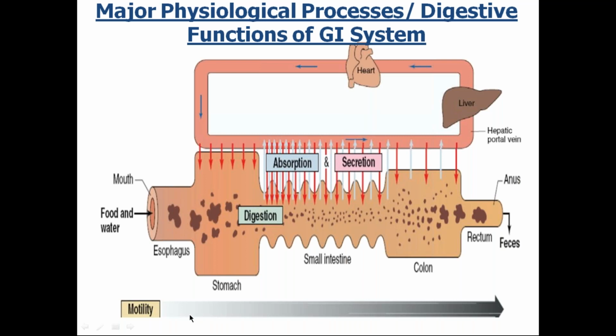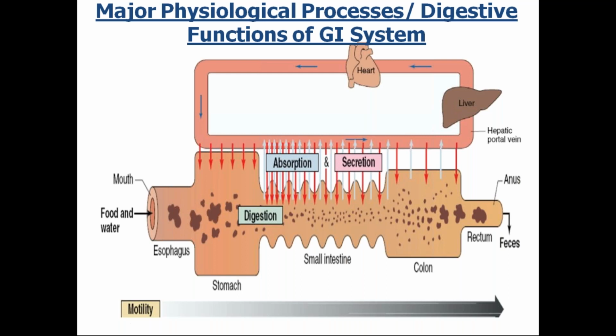Now coming on to the physiological processes or the digestive functions of the GIT, right? I told you in the previous slide that the functions of the gastrointestinal system can be digestive and non-digestive.